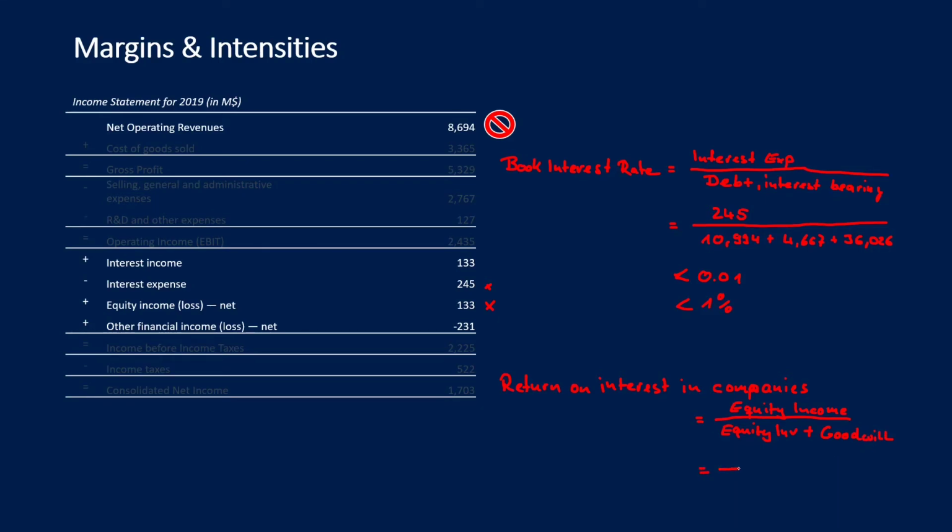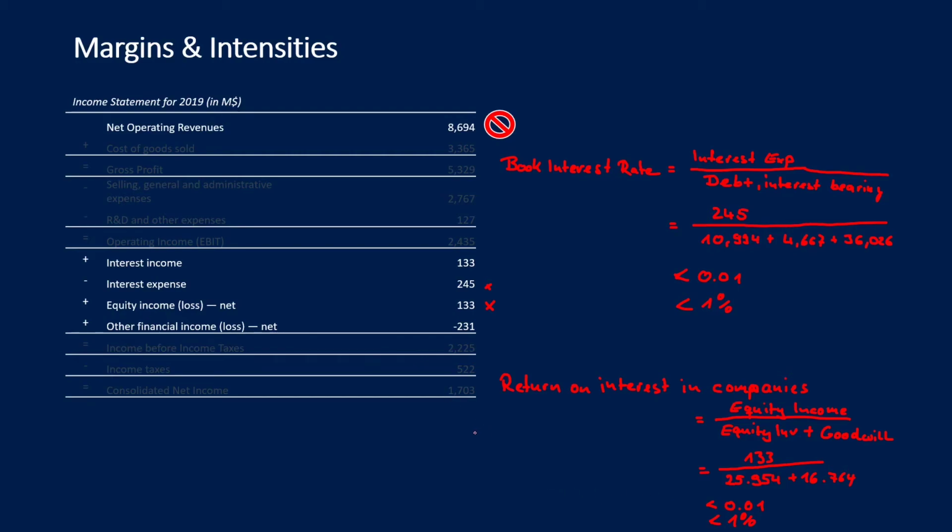In this particular case, we now have to divide 133 by large numbers, 25,954 plus the goodwill, 60,764. And that is again a very low number, smaller than 0.01 or smaller than 1%.